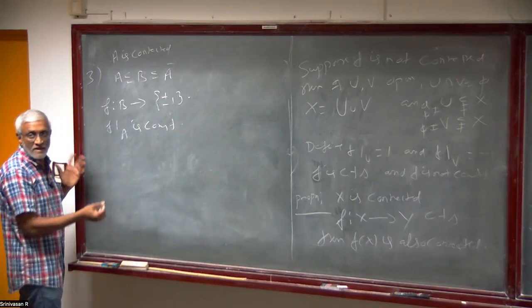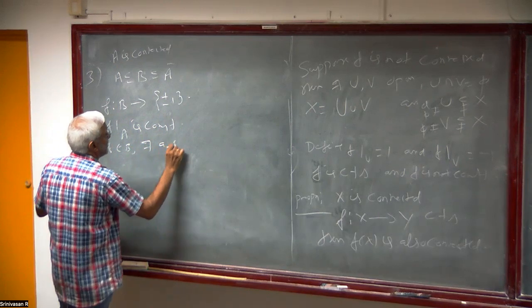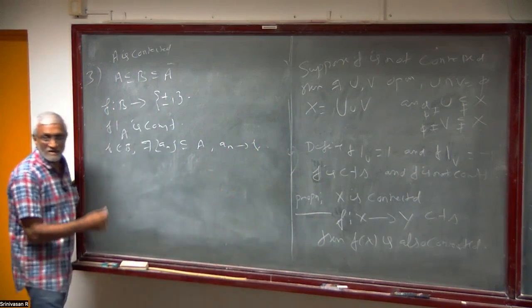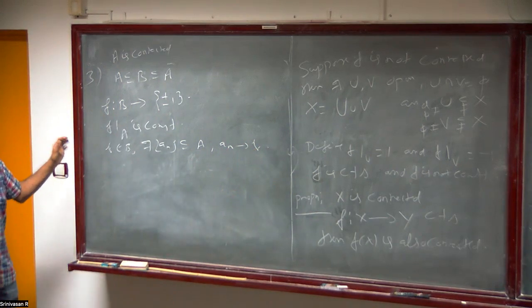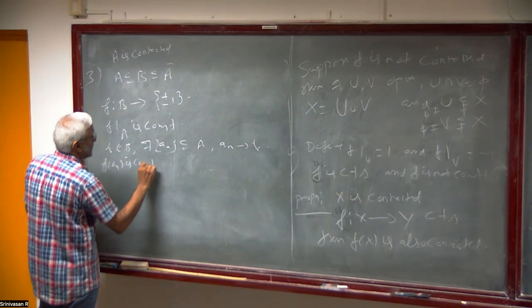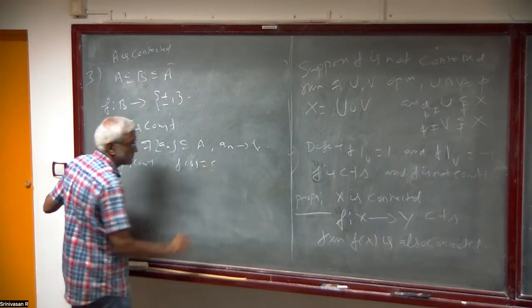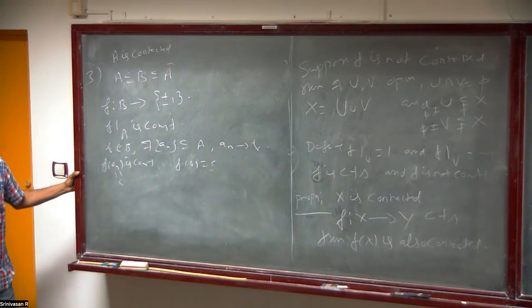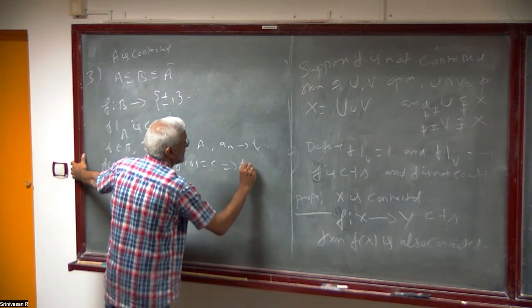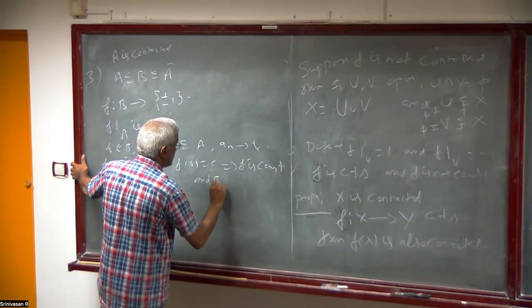Now, if you have a b in B, there exists a sequence a_n contained in A such that a_n converges to b, because b is in the A closure. Now f of a_n is constant, equal to c, and f of b is also equal to c. So f is constant. I'm unnecessarily writing all that. So this implies f is constant, and this means B is connected.